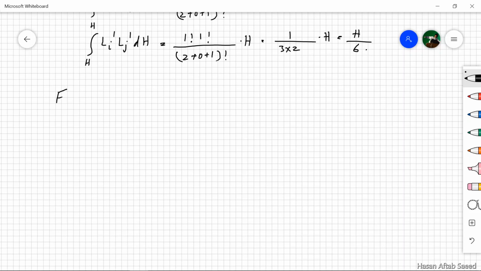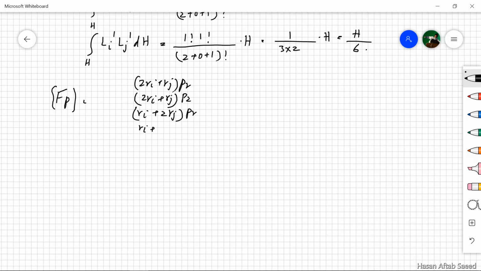Fp equals 2Ri plus Rj Pr, 2Ri plus Rj Pz, Ri plus 2Rj Pr, Ri plus 2Rj Pz, 0 and 0.